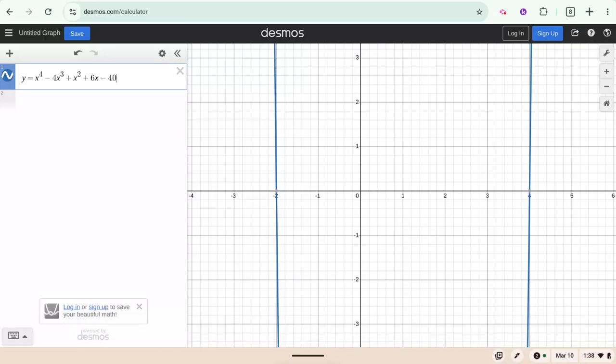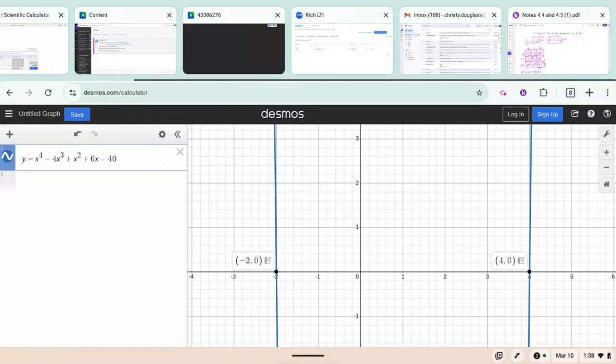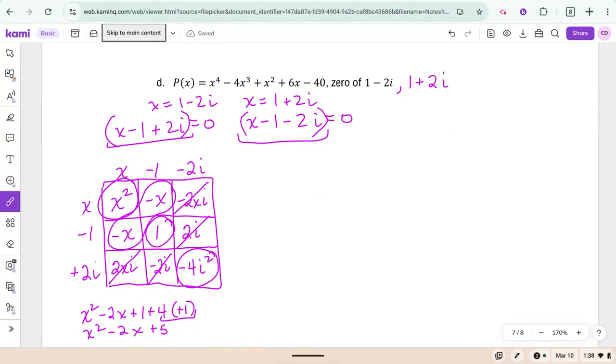All right, so I see, again, the complex ones don't show up on the graph. So we've got a negative 2 and a positive 4. Unless they told us, I really wouldn't have any way of knowing exactly what those are. So I've got negative 2 and positive 4 as my other two zeros. So x equals negative 2 and x equals positive 4.